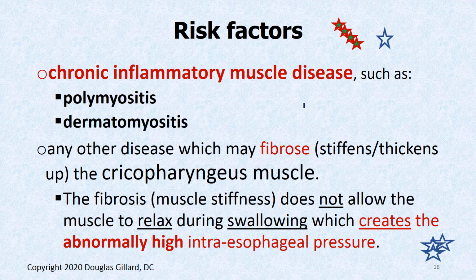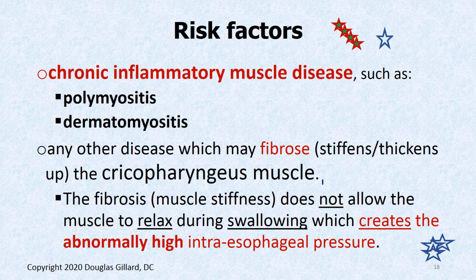What about risk factors? Well, the chronic inflammatory muscle diseases like polymyositis, dermatomyositis, they can do this. Or any other of the fibrotic diseases, if the cricopharyngeus muscle starts to get stiff and infiltrated with fibroblasts and scar tissue, and it's stiff, when you swallow it doesn't have any spring or give to it, and it can rip.